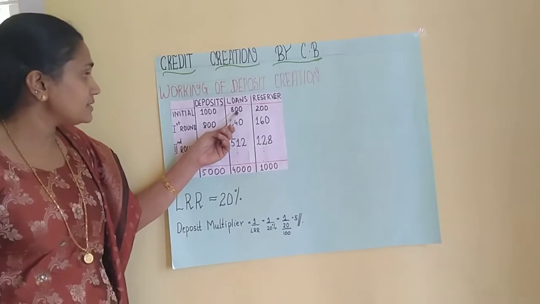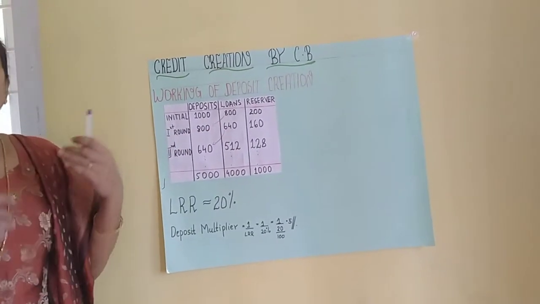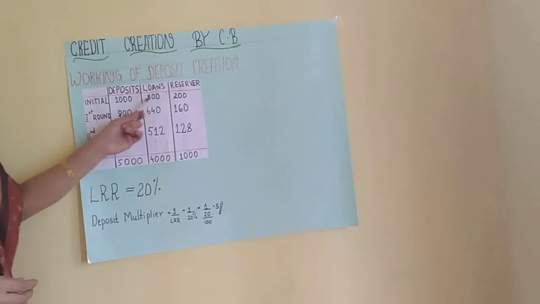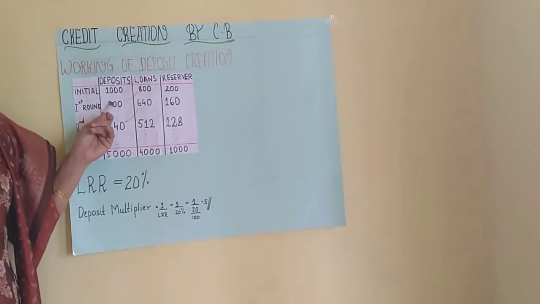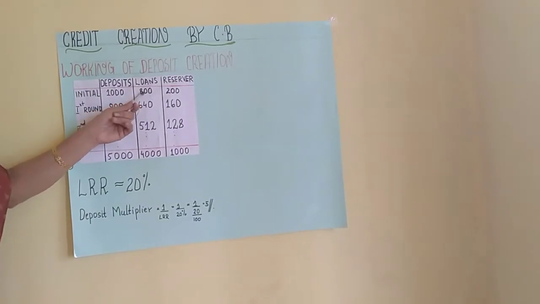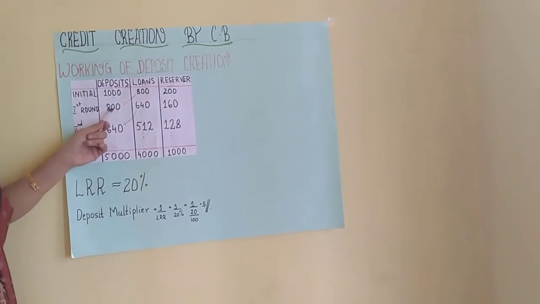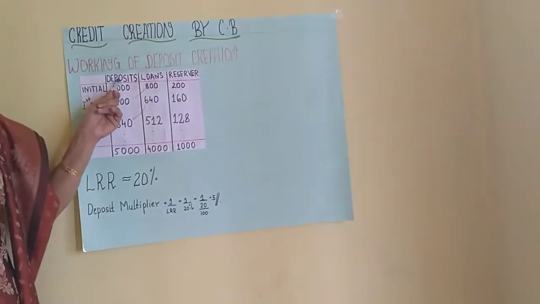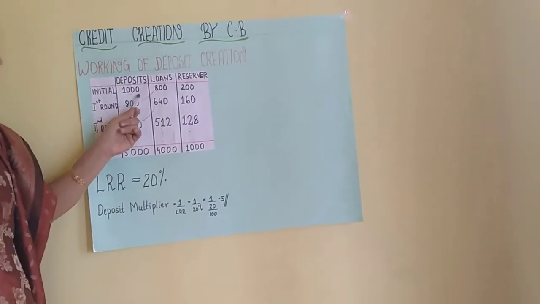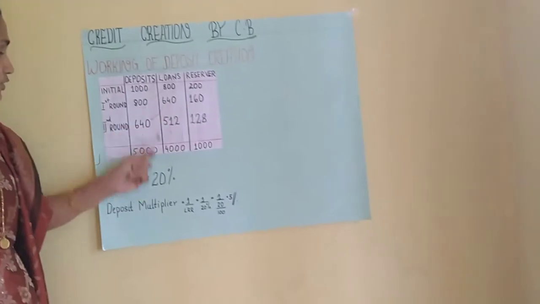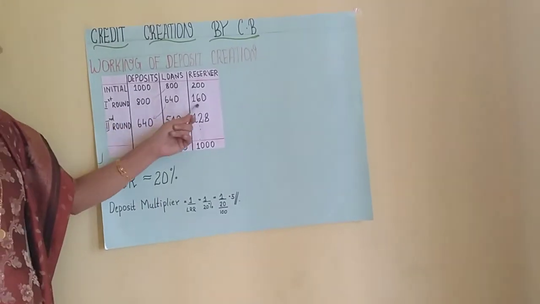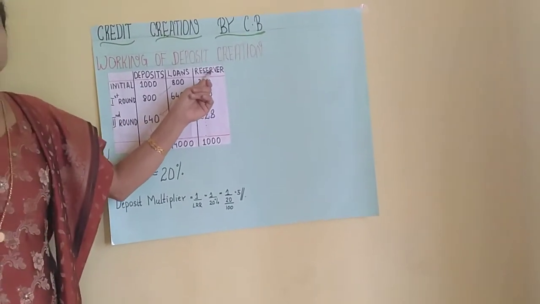The borrowers should open a bank account, and this amount will move to their account. So in the first round, this loan amount moves in as deposits. From this deposit, they will keep 160, that is 20% of 800, as reserve.